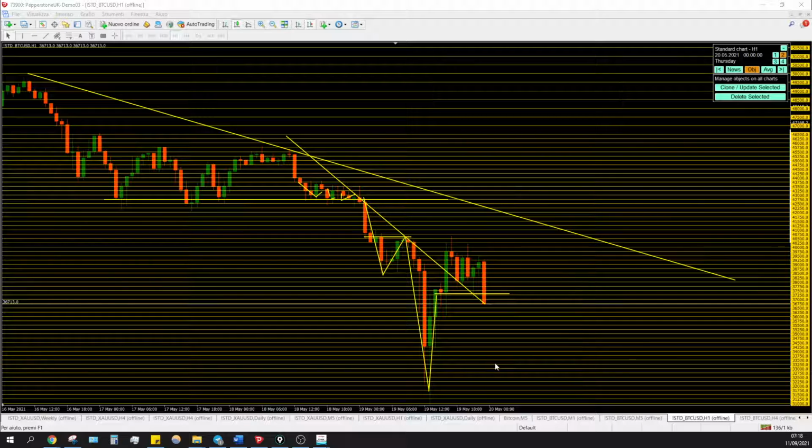So we can either see price respecting this new, much steeper trend line, or we might see some reaction here.